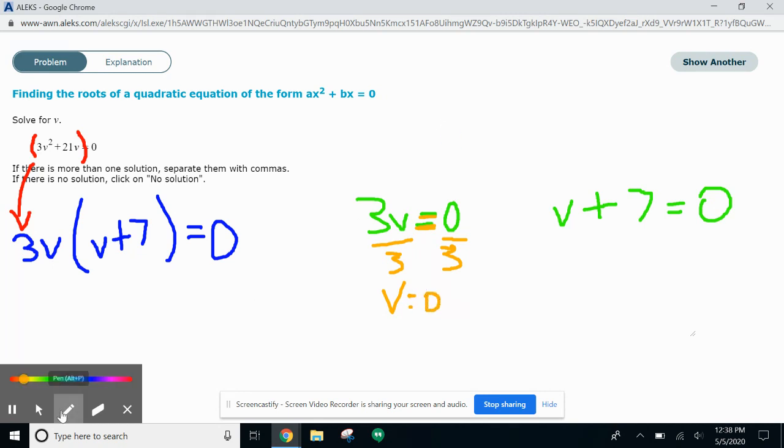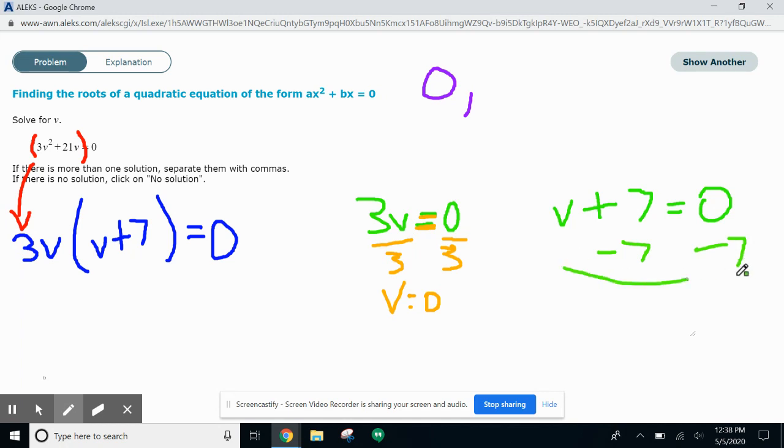So that's going to be one of our roots up here is 0, comma, and the other root, let's go back to this completely green problem, and the opposite of positive 7 is negative 7. That makes a 0 pair, and then we'll have v equals negative 7.